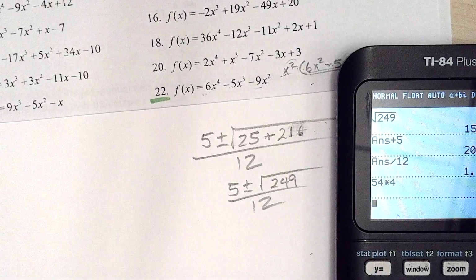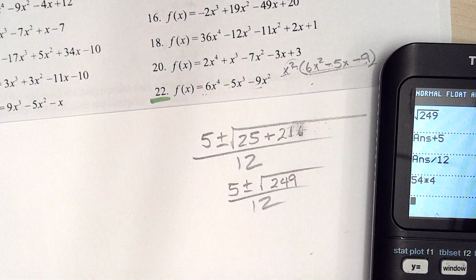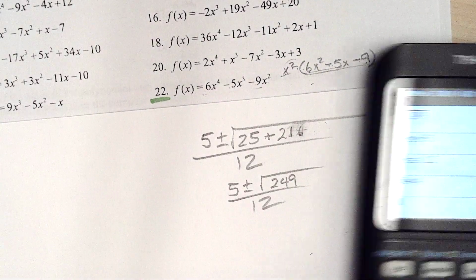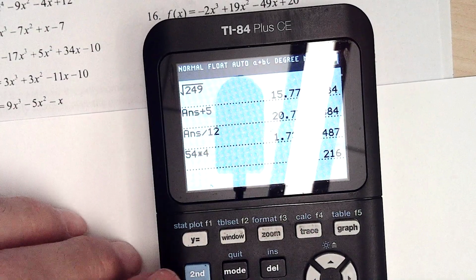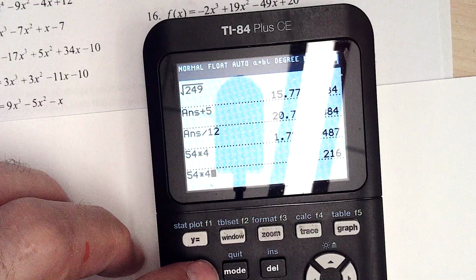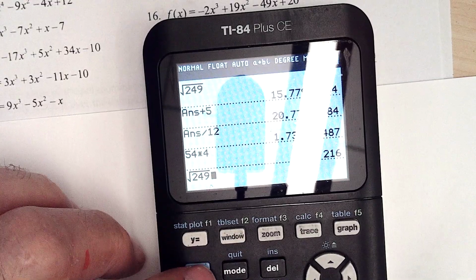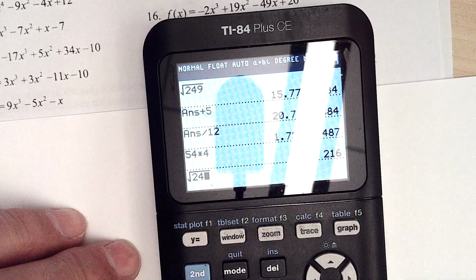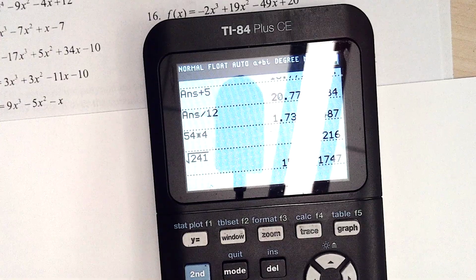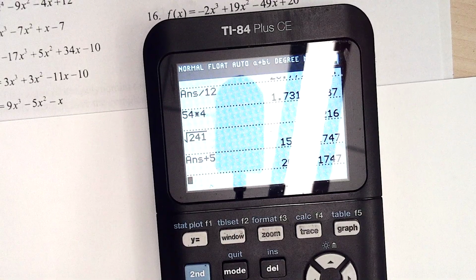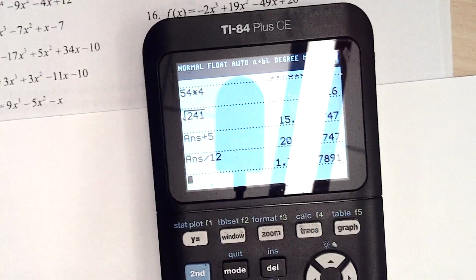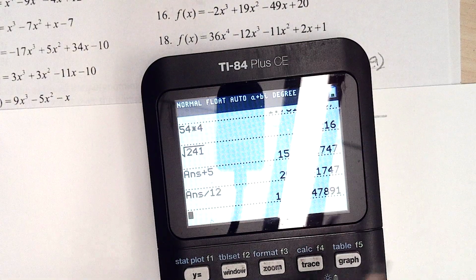25 plus 216 is 241. So 241 plus 5, divided by 12, 1.70 whatever. That's what the calculator gave me.